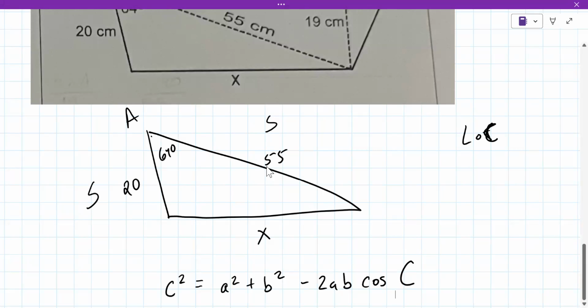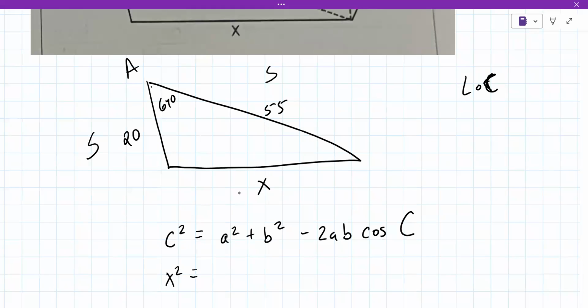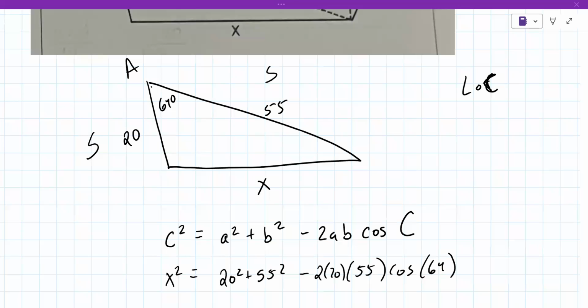Okay. All right, so in this problem, it's x squared equals 20 squared plus 55 squared minus 2 times 20 times 55 cosine of 64.